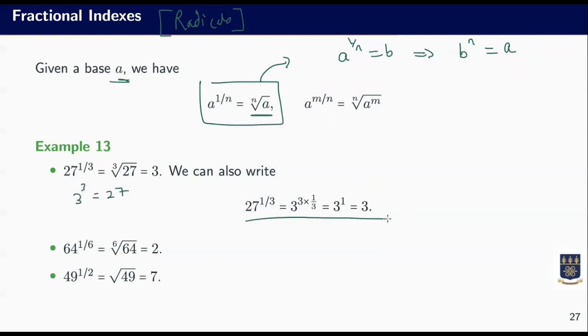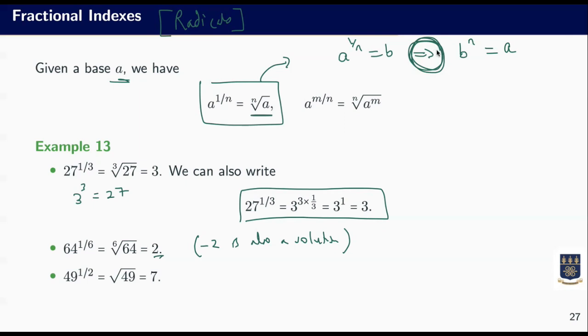And we can actually use the laws of indices to work this out. And again, 64 to the 1/6 is 2. Now, you will notice that negative 2 is also a solution. So that's why I didn't qualify this as an if and only if, because sometimes there are different solutions.